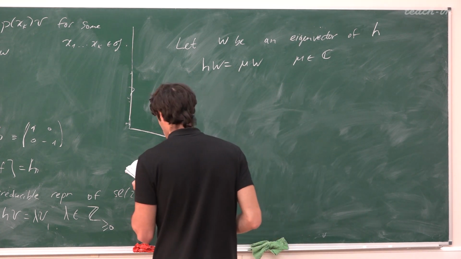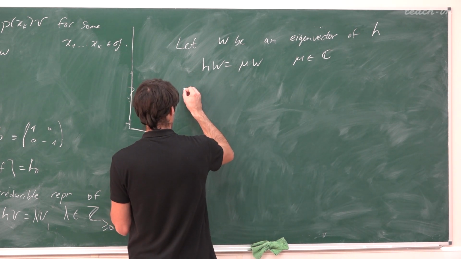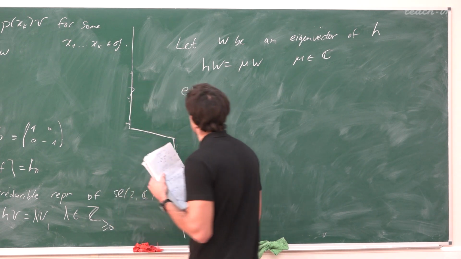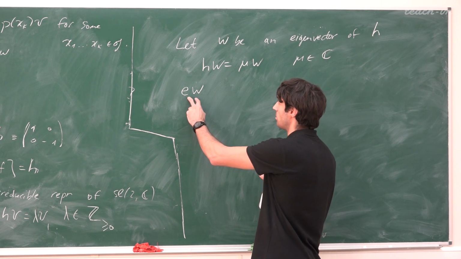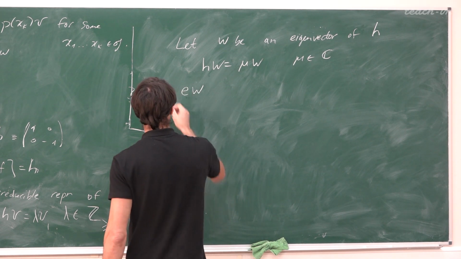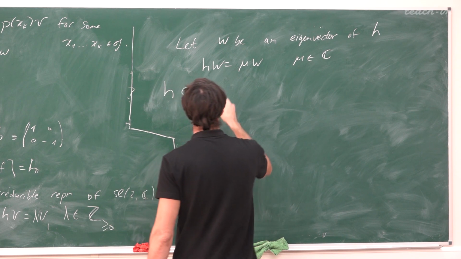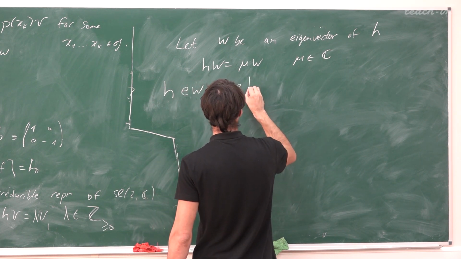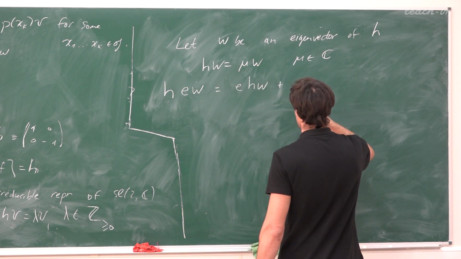Then let me take E and apply it to w. I claim that this is also an eigenvector for H. It's easy to check. Let's just check it in a straightforward way. So H acts on this how? I need to use commutation relations. It will be E H w plus the bracket.